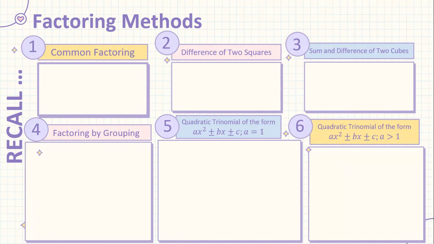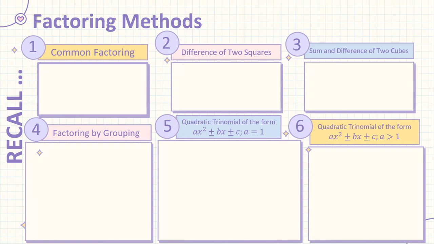Fifth is the quadratic trinomial of the form ax squared plus or minus bx plus or minus c, wherein a is equal to 1. And the last one is the quadratic trinomial of the form ax squared plus or minus bx plus or minus c, wherein a is greater than 1. I think this was taught to you when you were in grade 8. So let's just have a recall.